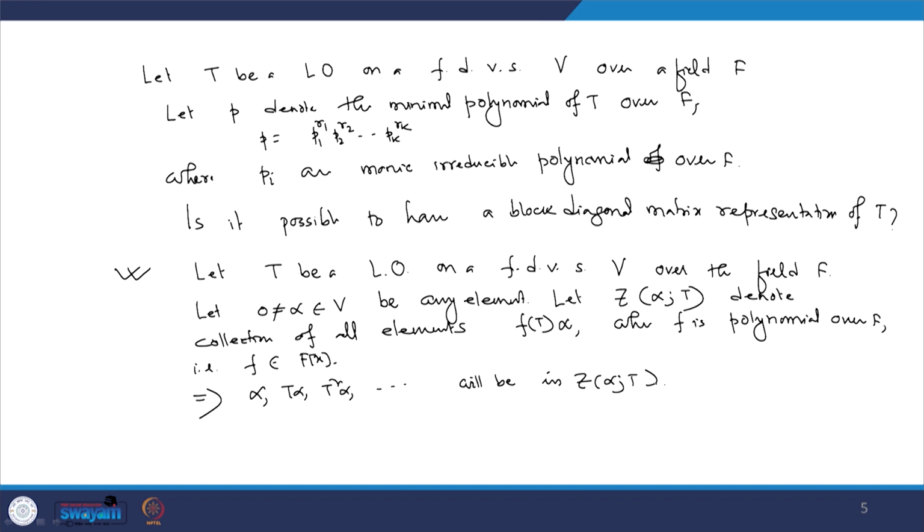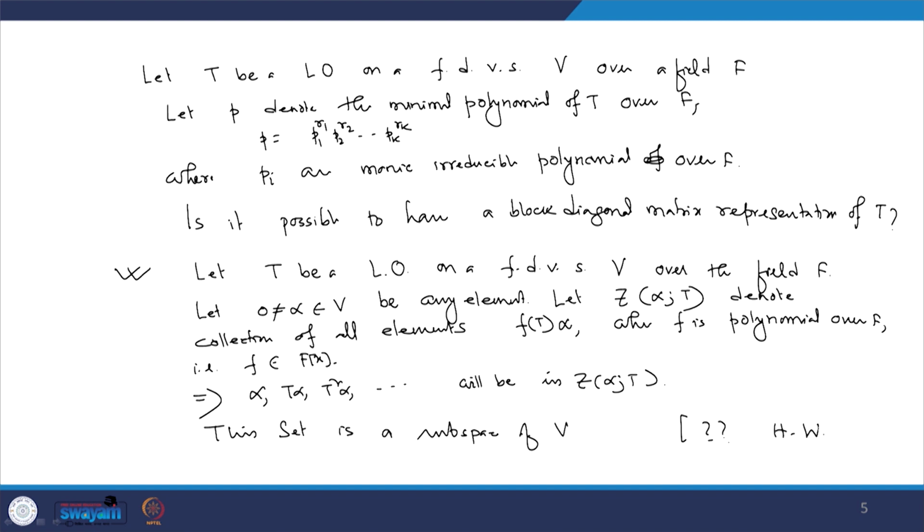In fact, this set is a subspace of the vector space V. How it is a subspace you can easily prove by using the condition that if beta and gamma belong to Z(alpha, T), then c times beta plus gamma also belongs to it, where beta is some f1(T) alpha and gamma is some f2(T) alpha.